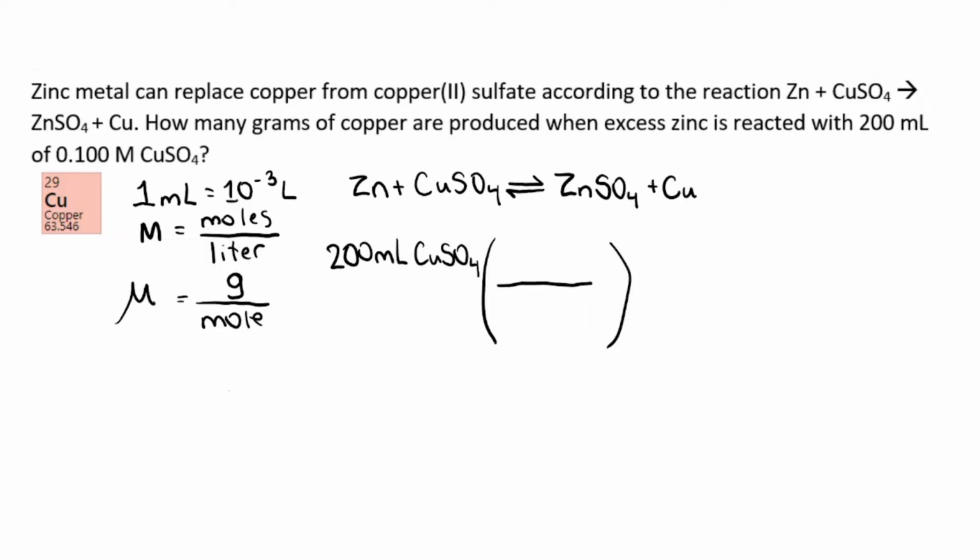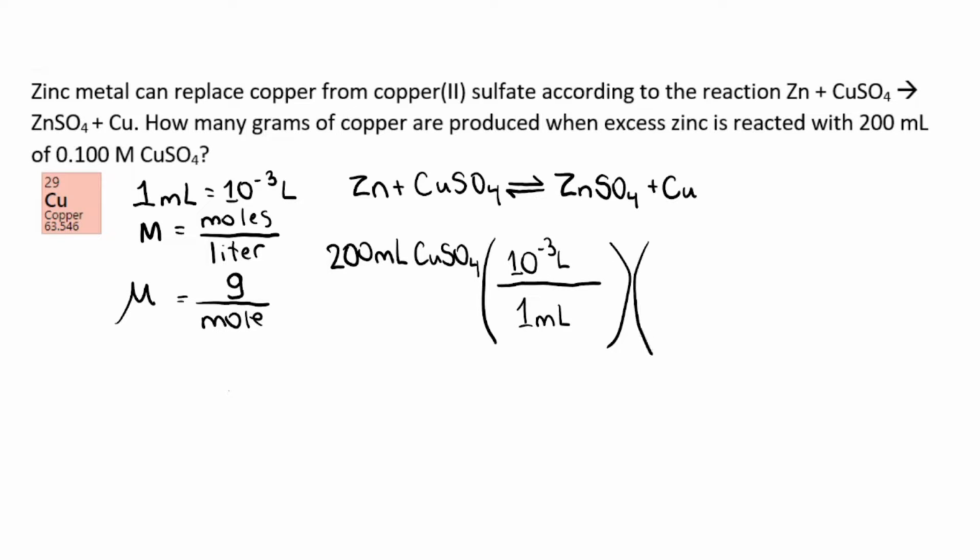And the reason why we're going to do this is because we need to use molarity, and molarity is measured in moles per liter. So for every 1 milliliter, we get 10 to the negative 3 liters.